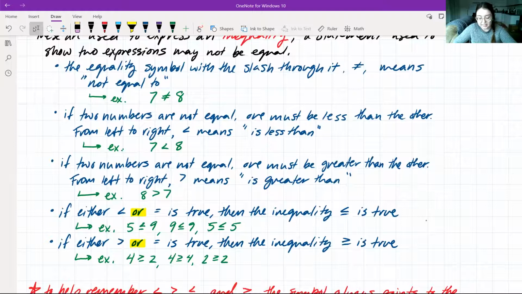If either less than or equal is true, then the inequality less than or equal to is also true. It just needs one of those two things to be correct.